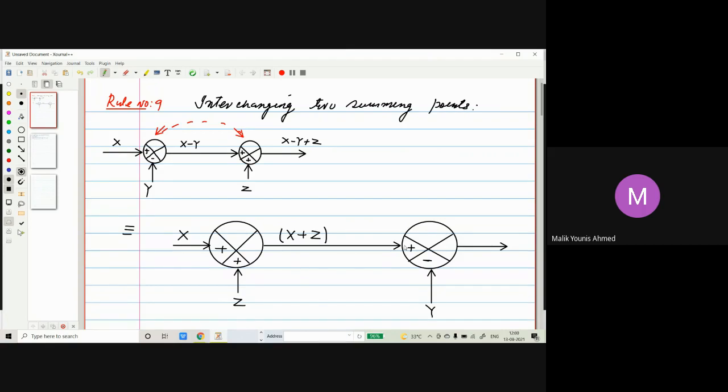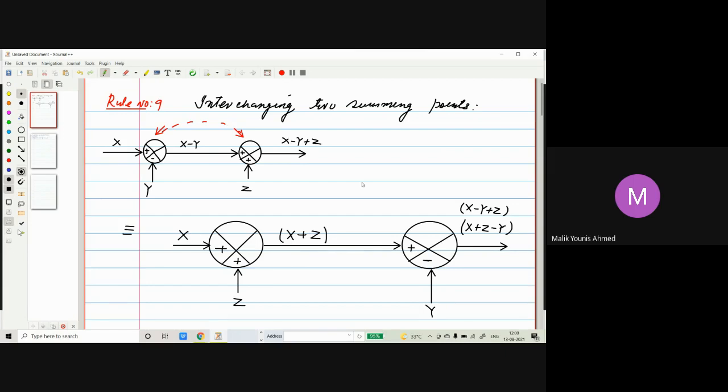Now here it's going to input as X plus Z. This is minus Y. So this can be written as X plus Z minus Y. It's the same as X minus Y plus Z. It can also be written like this. So this is the way to exchange the summing points.